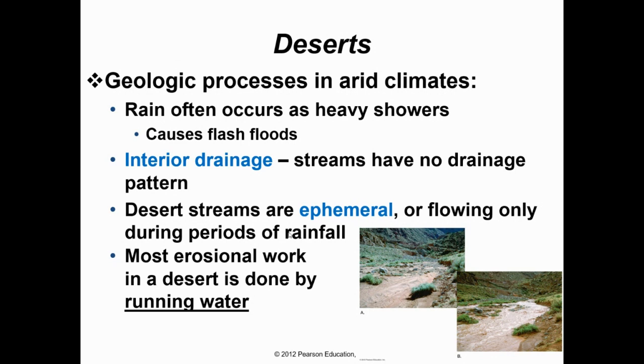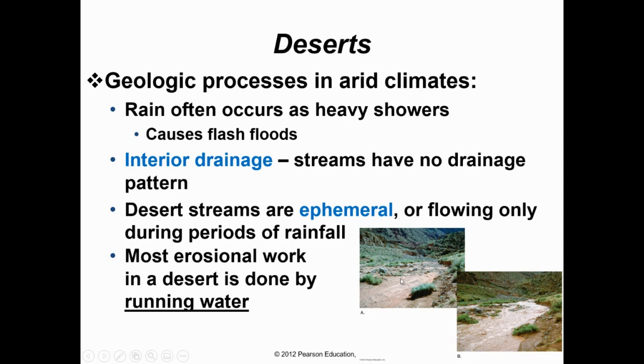A lot of it will run off right on the land surface and then run down to the low-lying areas, which are called washes. Basically, they're intermittent streams, also known as ephemeral. So there's only water in these streams when there's storms and whatnot. Otherwise, they're dry.